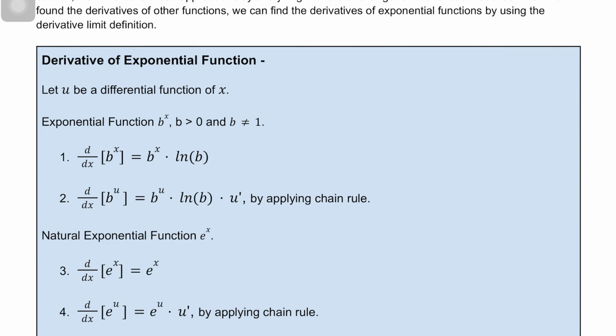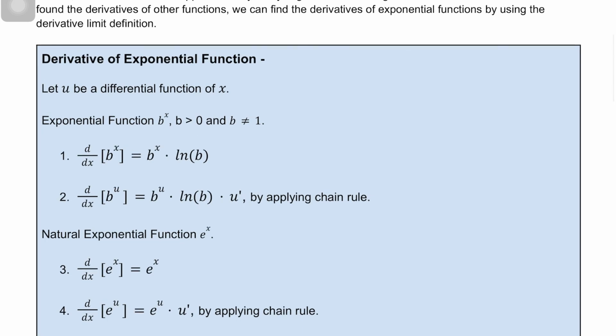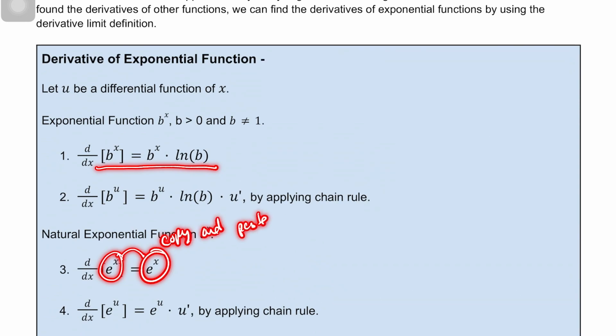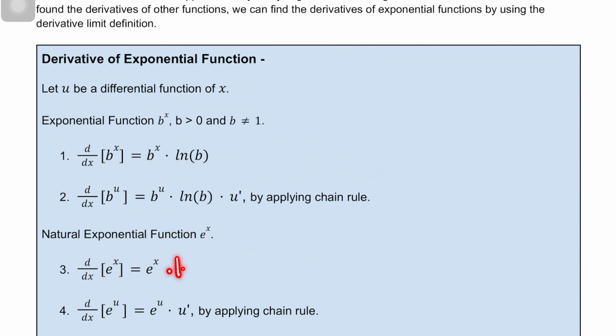So e is greater than 0 and not equal to 1, so it meets the definition. When we take the derivative of this, it's going to be exactly as we did before: copy and paste, and then we have to multiply by the natural log of e, the base.